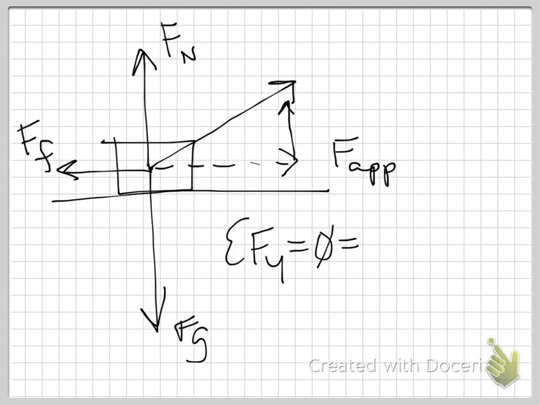Sum of forces equals 0 equals Fn up, F applied up, minus F of g. Is the normal force greater or lesser than the force of gravity on the y-axis? Less. Because the force of gravity, in addition to the force that is being applied on the y-axis, are equal to gravity. So the sum of those two forces equals gravity.